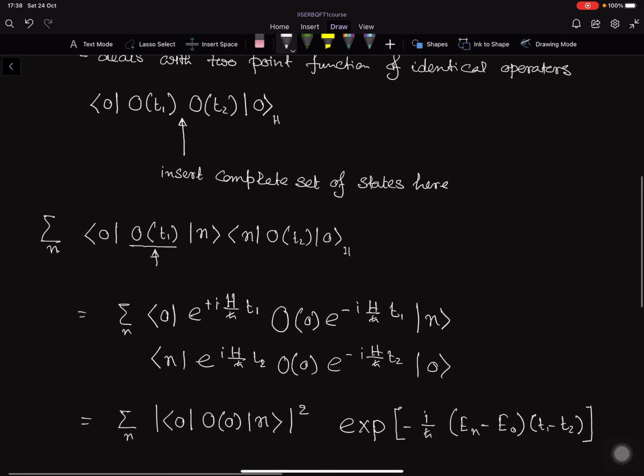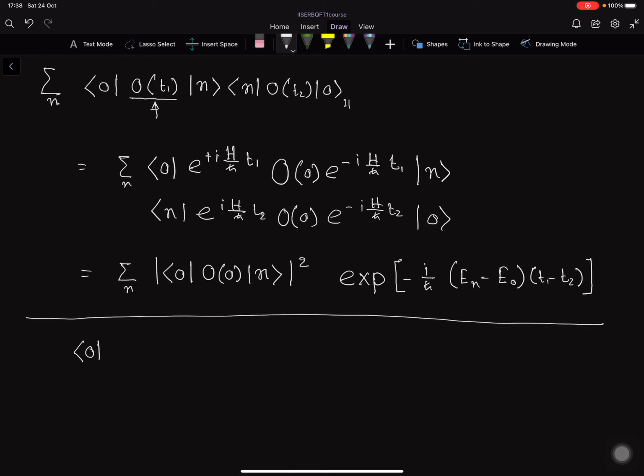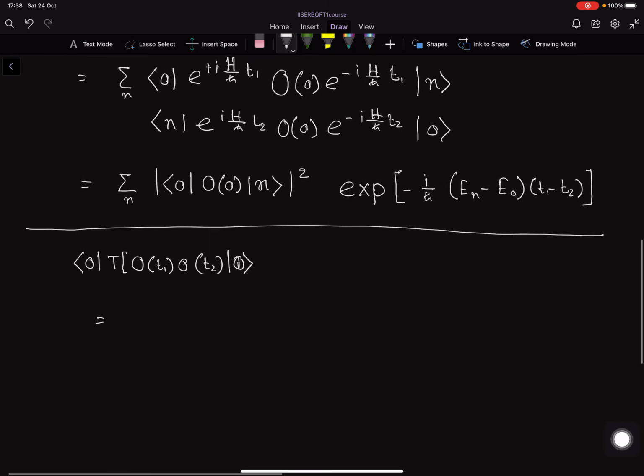If instead of the Wightman propagator we had taken the time-ordered 2-point function, then following the same trick we can easily show that all the parts will be the same, except there will be a modulus sign here, in this place.